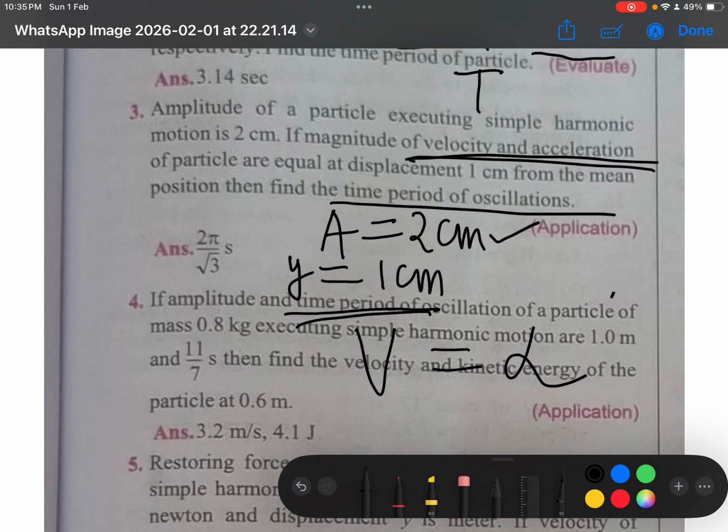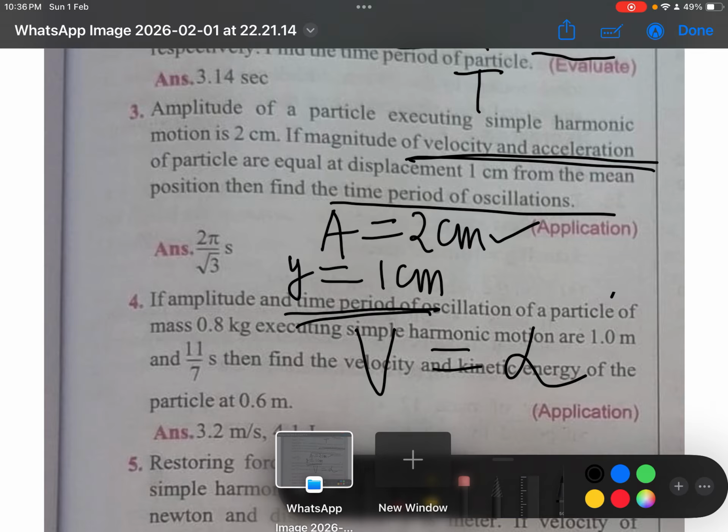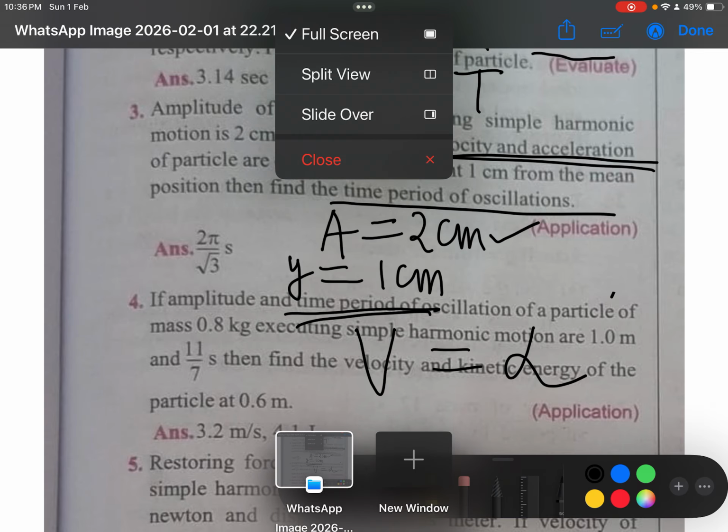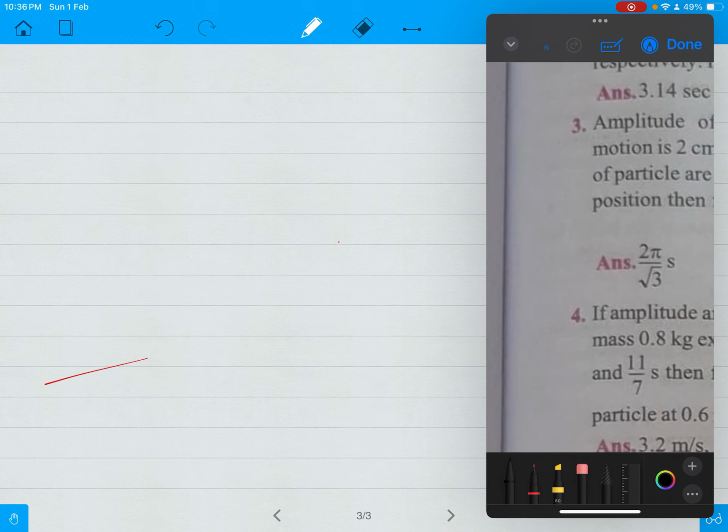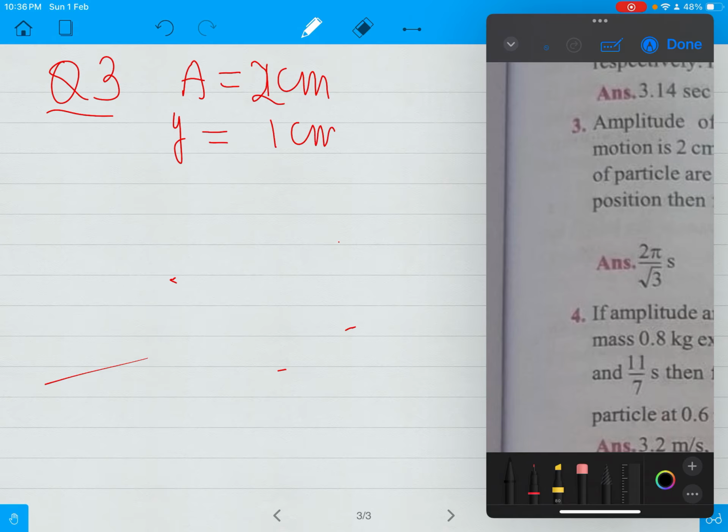So you can see here, this is question number 3. A equals 2 centimeter, not 1 centimeter, and y equals 1 centimeter.